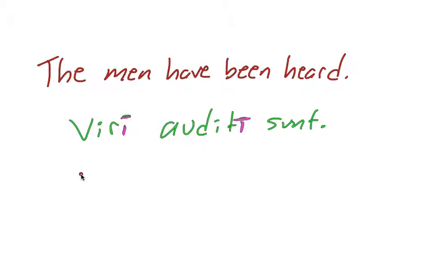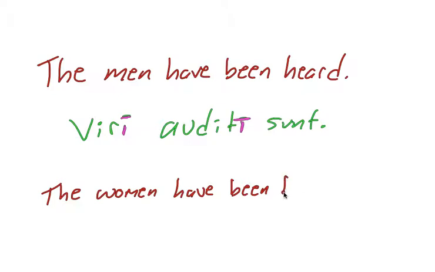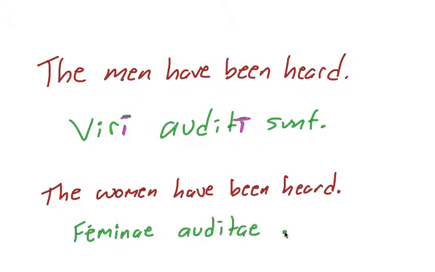All right, now consider this sentence. Okay, the women have been heard. All right, now my subject is feminine, so I have feminae, and now I have to change my ending to auditae sunt, okay, to modify the subject.